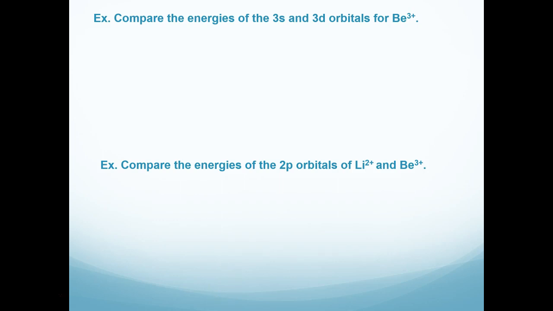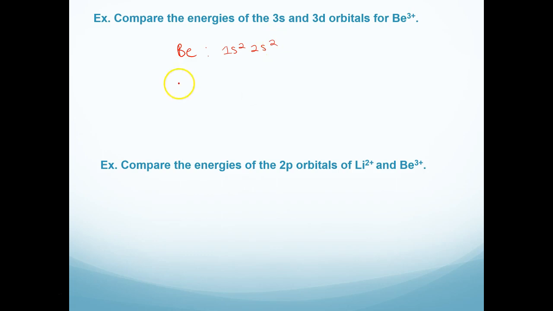So what we want to do is compare the 3s and 3d orbitals for beryllium with a 3+ charge. So first thing we want to do is write the electron configuration. So if we have beryllium, we know that its electron configuration on its own is going to be 1s2 and then 2s2.